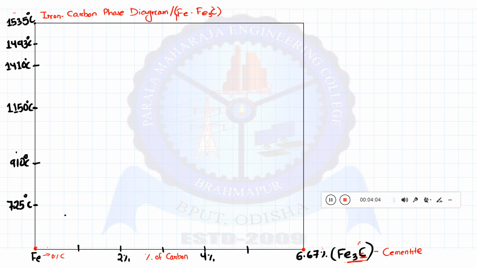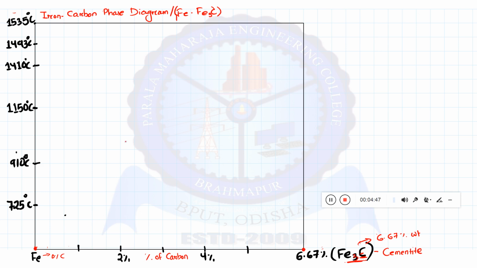But as carbon is very light, it is only 6.67 weight percentage in this alloy. We are talking about iron carbon alloys, that is steel and cast iron, which will be discussed in the latter part. Understood? So in this compound there are 3 atoms of iron and 1 atom of carbon, so the atomic percentage of carbon is 25%, but as carbon is lighter in nature, it is only 6.67 weight percentage.